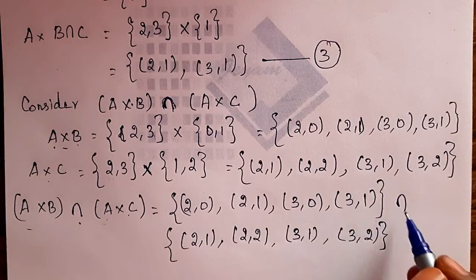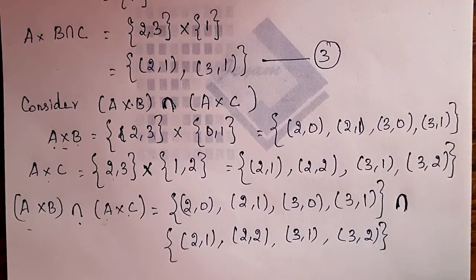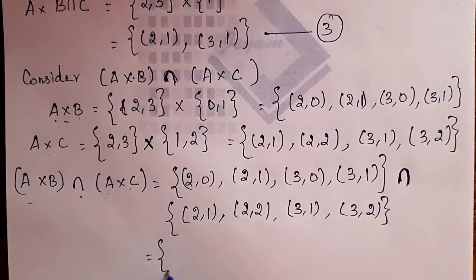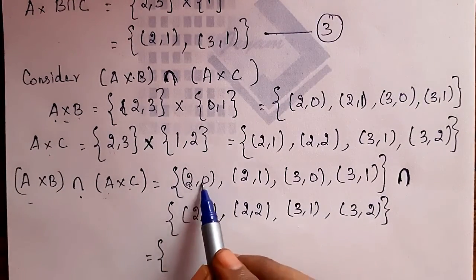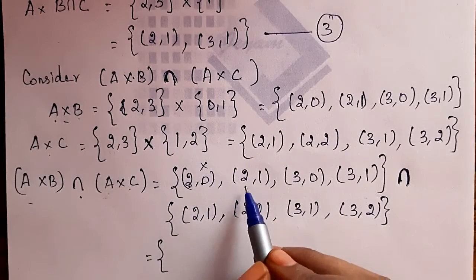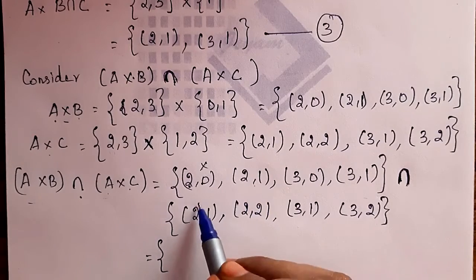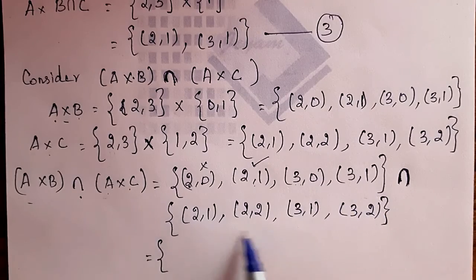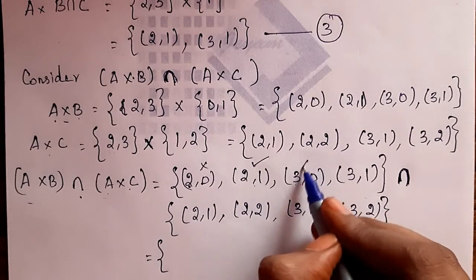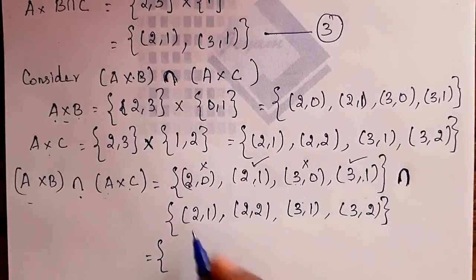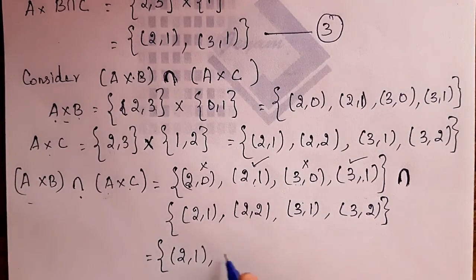So we are going to do the intersection. Intersection meaning is we are going to pick only the common terms. Look, (2, 0). Is (2, 0) here? No. So don't take it. (2, 1). Is (2, 1) here? Yes. So you can take it. Then (3, 0). Is (3, 0) here? No. Don't take it. (3, 1). Is (3, 1) here? Yes, so you can take it.